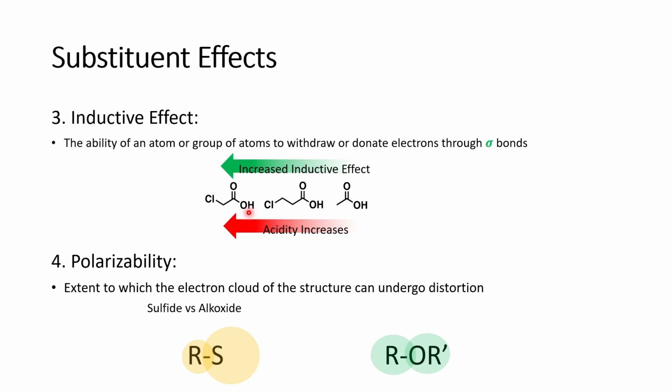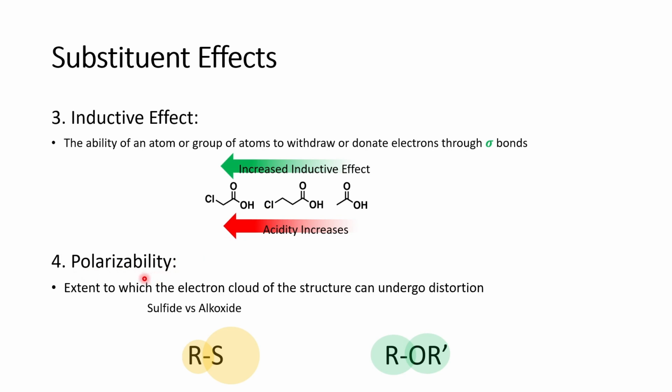If we compare chloroacetic acid and acetic acid, the acidity of chloroacetic acid is higher than acetic acid. This is because the highly electronegative chlorine draws electrons towards the chlorine atom. Another thing is, when the electronegative atom is further away from the functional group, we can observe a decrease in the inductive effect.